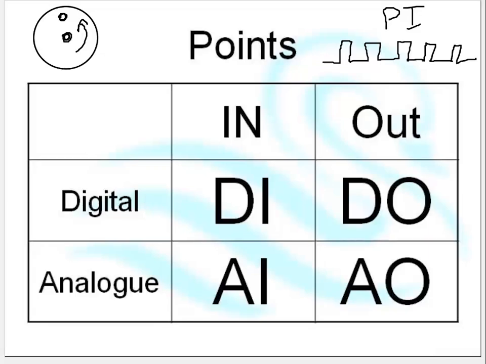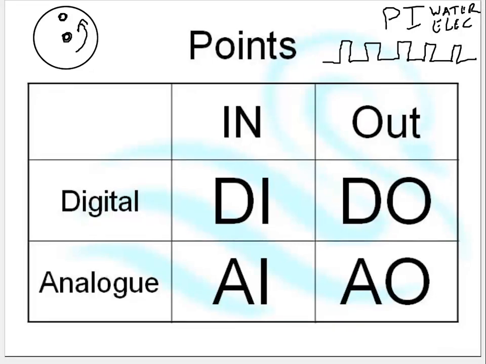Another machine which gives out pulses is any type of meter. So pulsed inputs come from things like water meters and electricity meters.